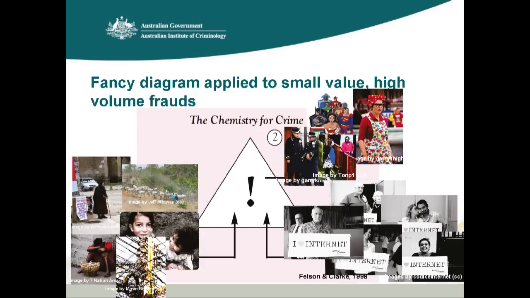So the diagram I showed you before with the chemistry of crime can be applied to these small value, high volume frauds. Suitable targets include the huge number of people using the internet globally for email and banking who may have a poor understanding of the risks and how to protect themselves. Likely offenders, with the extended scope offered by the internet, can include areas where poverty is rife and people are poor or in need of money.